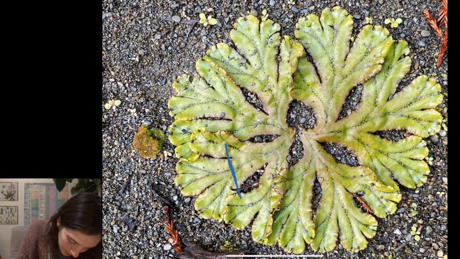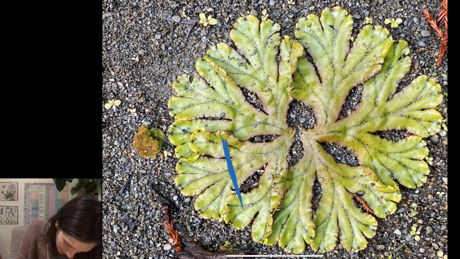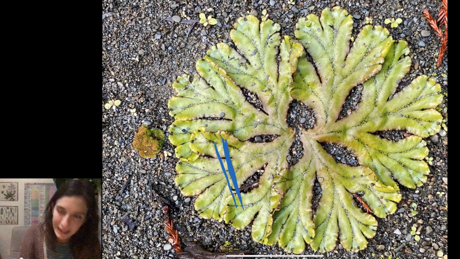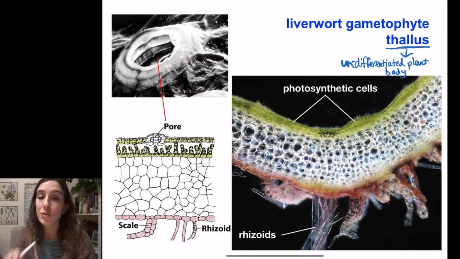I take my razor, I cut a fine slice right there, and then I take another slice right next to it, as thin as I possibly can. Way thinner than what I just drew, actually, because I've got a fine razor and I'm in the lab doing this. And then I turn that on its side, and now I'm able to see inside of it, sort of just able to see through it.